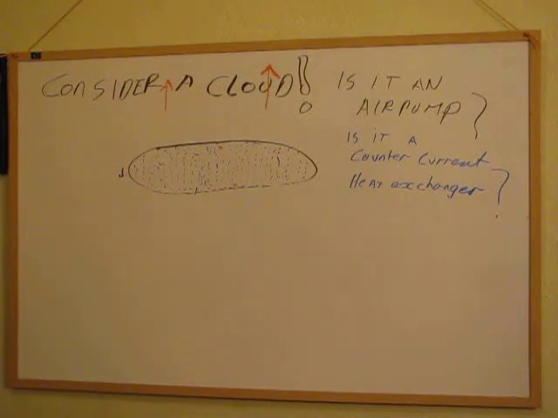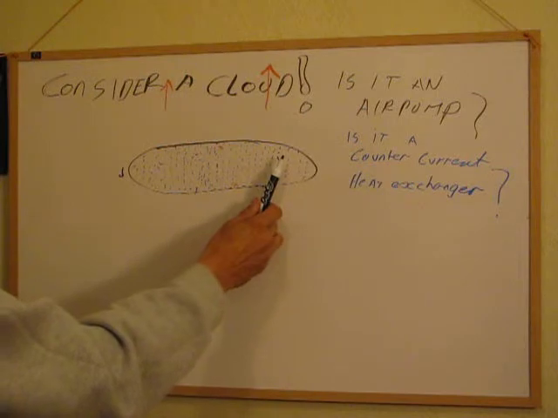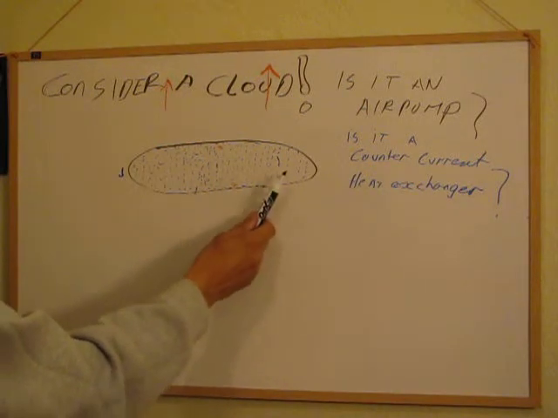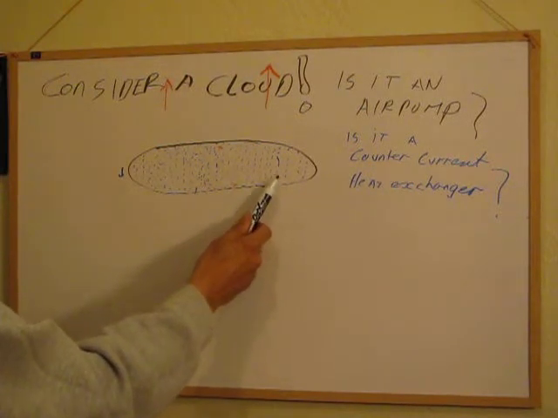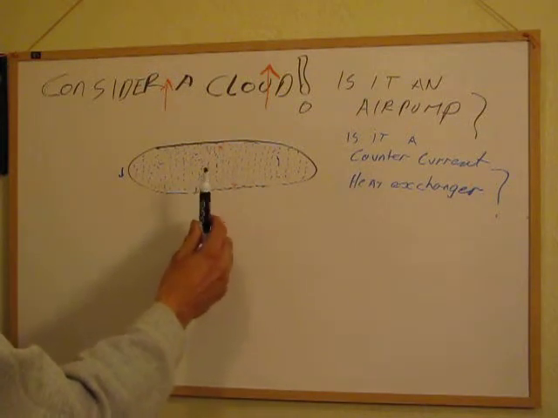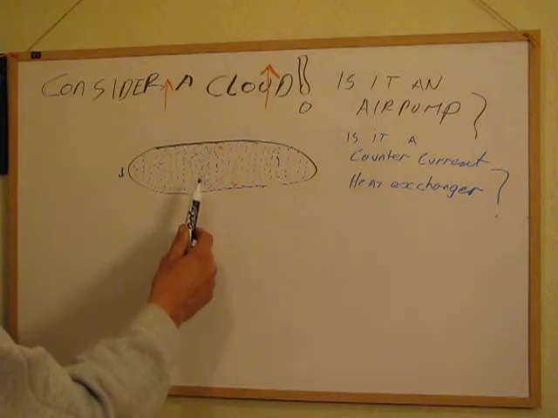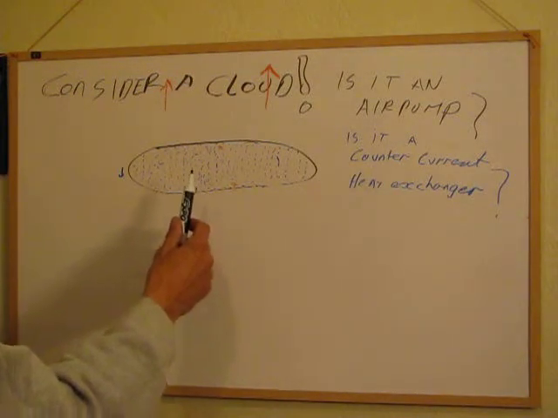In the cloud in a bottle experiment, we note that the cloud disappears, the water droplets disappear when you increase the pressure and temperature, and they reappear when the pressure and temperature decrease.